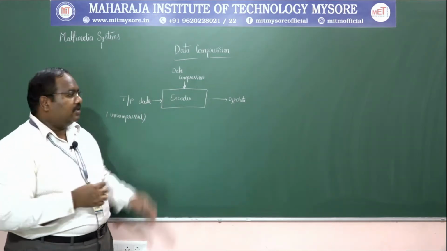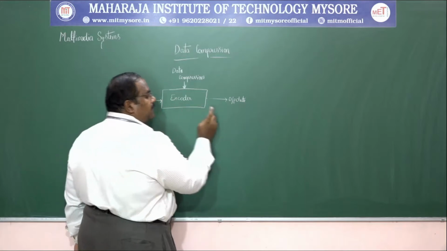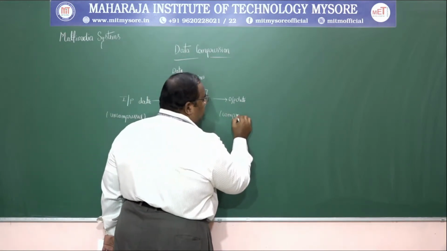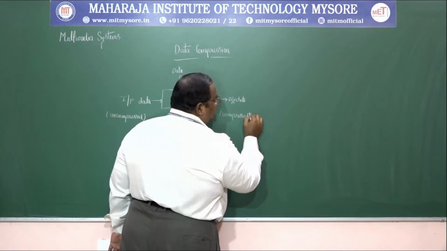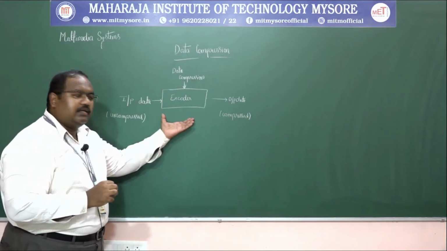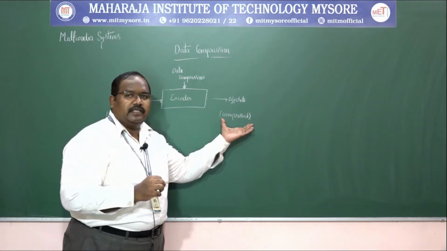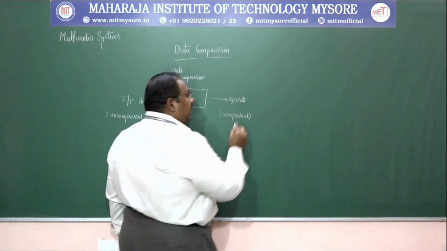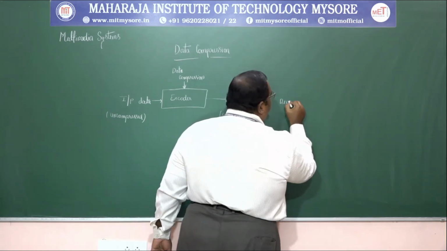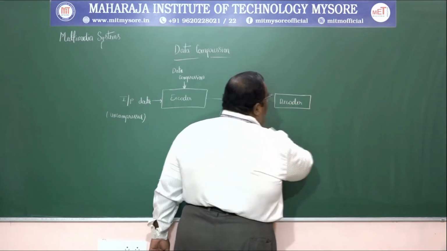So in the second phase, what happens? Before that, we will recall this. Input is uncompressed. After the encoder process, the output we get is totally compressed. So what do we do? This data is fed into the decoder.